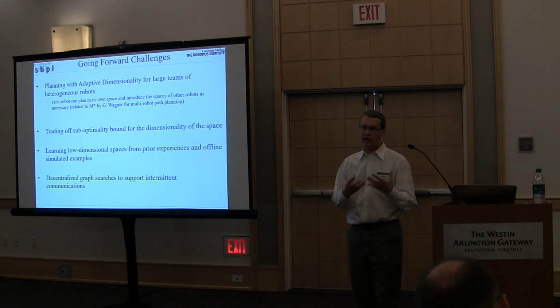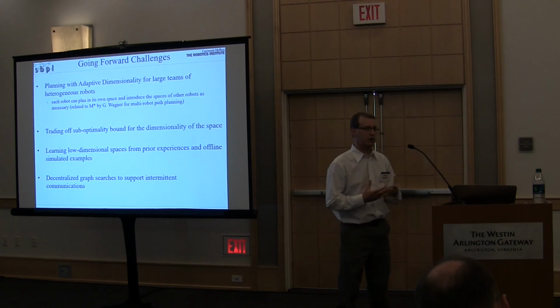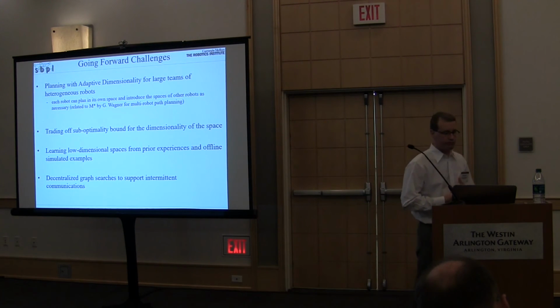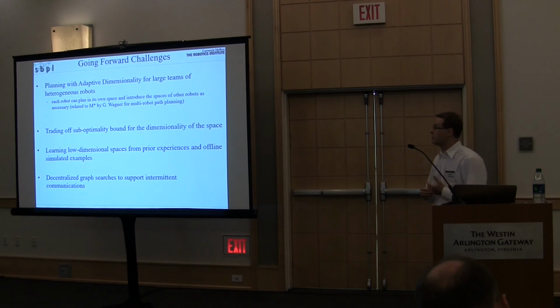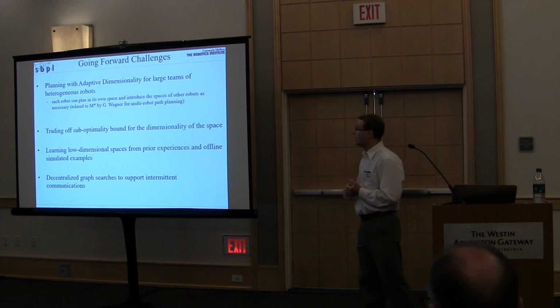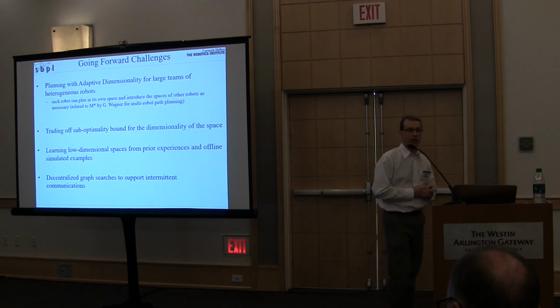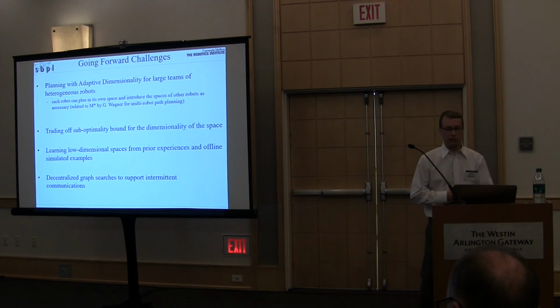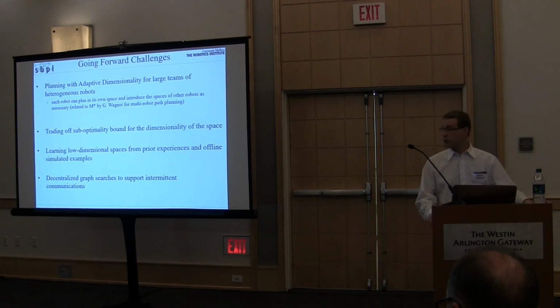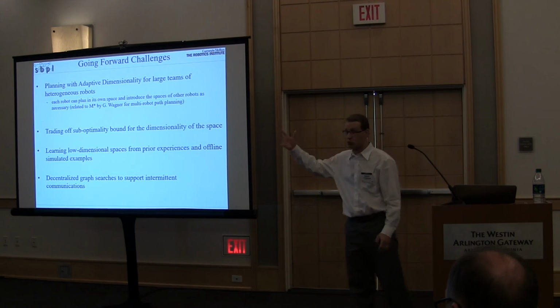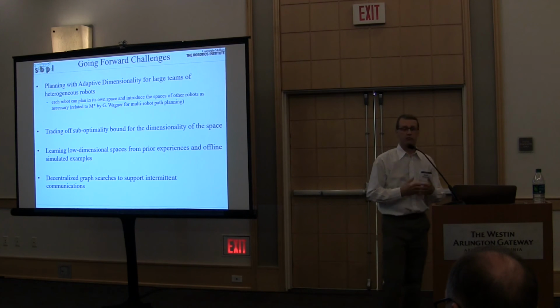But other than that, the overall framework is a general framework that is not tailored towards a particular problem. Going forward, an interesting question is how you apply it to planning for larger teams of heterogeneous robots, which is in some sense related to the M-star work that Glenn Wagner has done, but that work is in the context of multi-robot path planning as opposed to arbitrary multi-robot planning.